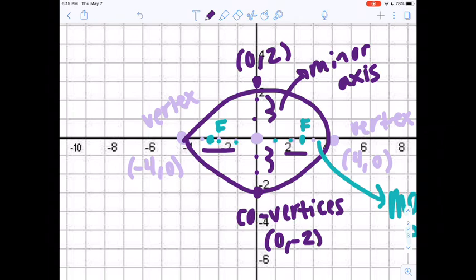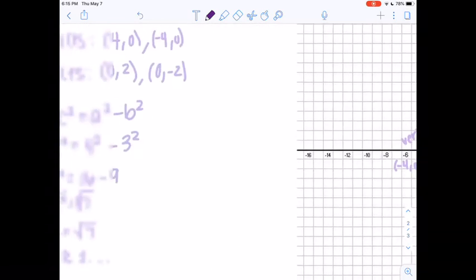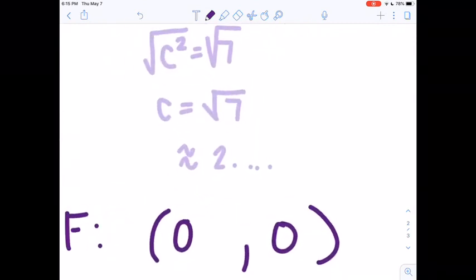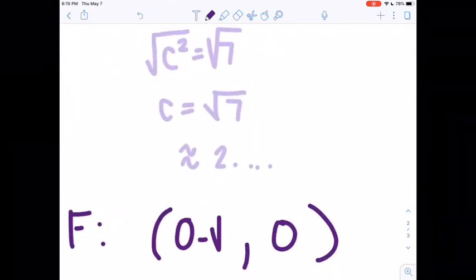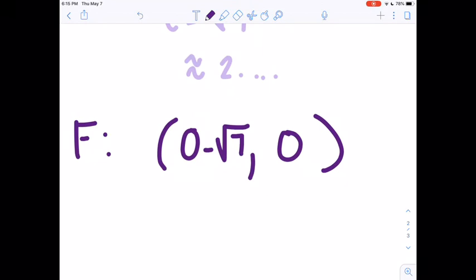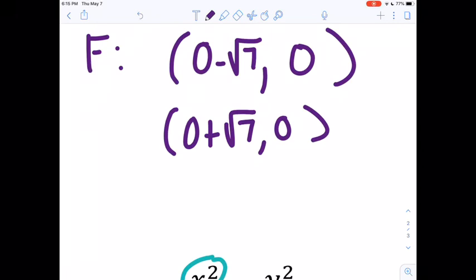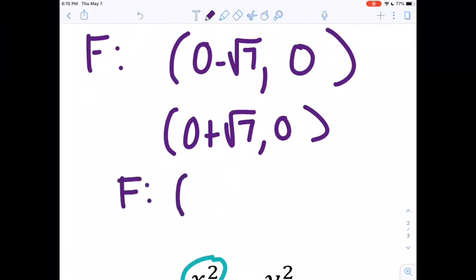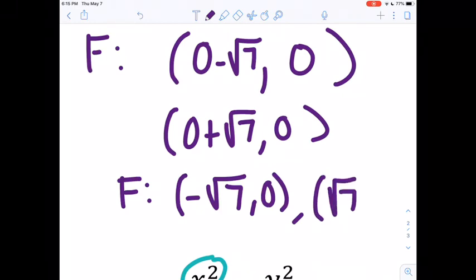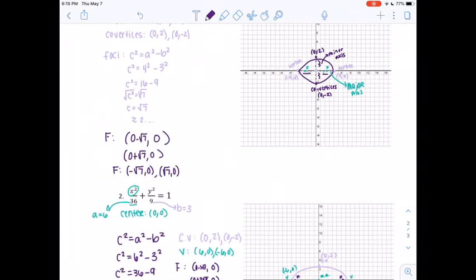So all that's changing is the x, not the y. And we know how much we moved. We moved root 7, so I moved left root 7, and then I moved right root 7 along the x-axis. So if we want to rewrite these, it's negative root 7, 0, and positive root 7, 0.